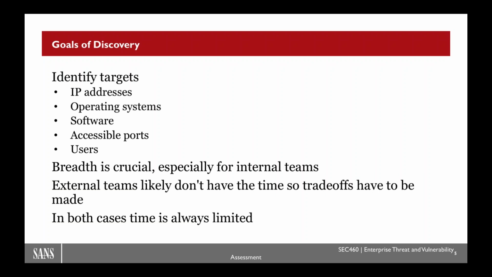Also, we need to understand what some of the accessible ports are, especially if it's going to be an external-facing system. Maybe we're going to be focusing on the users here as well. The key here is that it's going to be really important that we get the big picture. Unlike pen testing and red teaming, where we're going to go for more depth, we need to find a lot of these extra systems. The nice thing is if you're an internal group, you have more time.